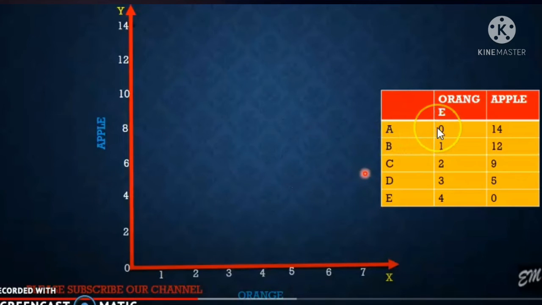Here orange is 0, so from 0 you take the corresponding value of apple, that is 14, and mark a point there. Then at B, one orange is produced, so from 1 you mark 12 apples. When we produce 1 unit of orange, we can produce only 12 apples.